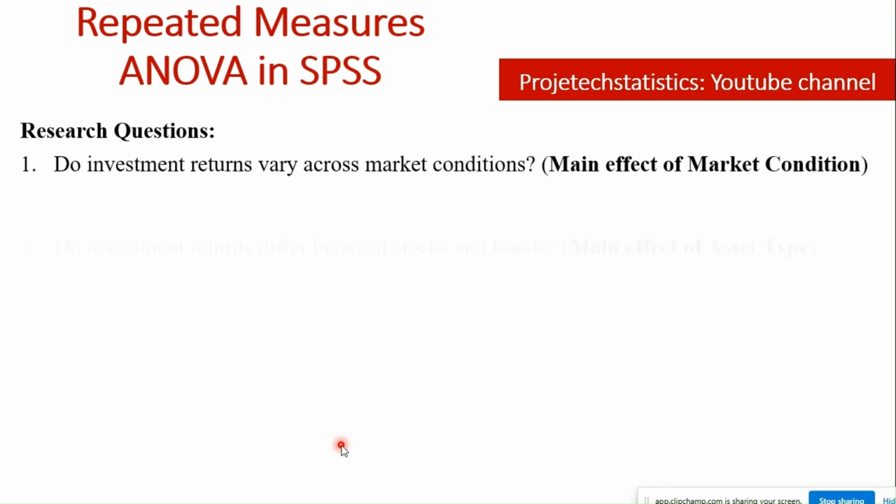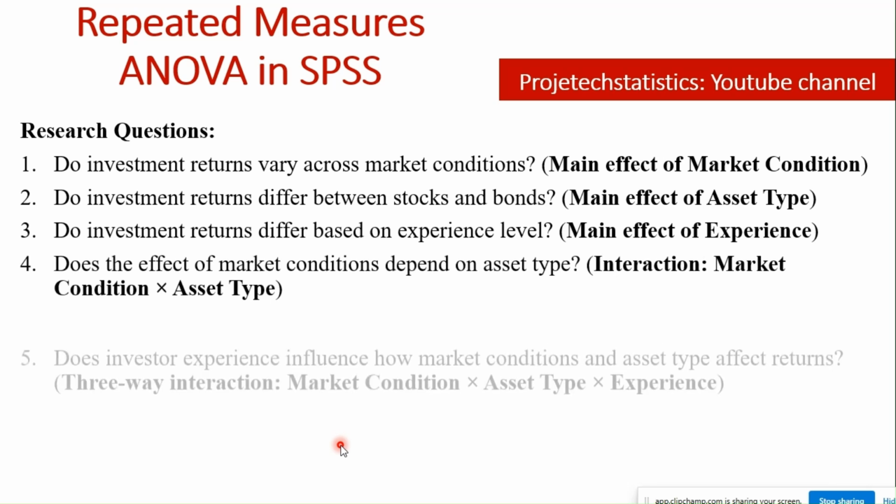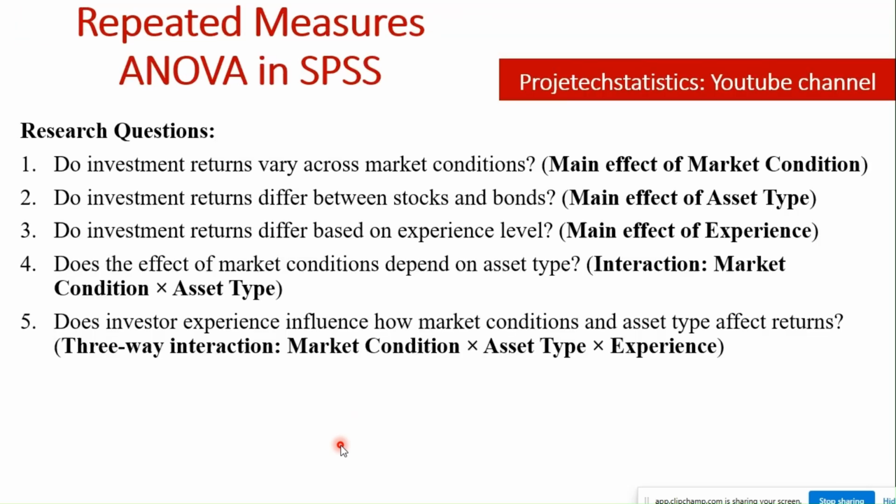So some of the hypotheses or research questions that can be asked in a mixed design are: one, do investment returns vary across market conditions? This is a main effect of market condition, which is a within subject effect.